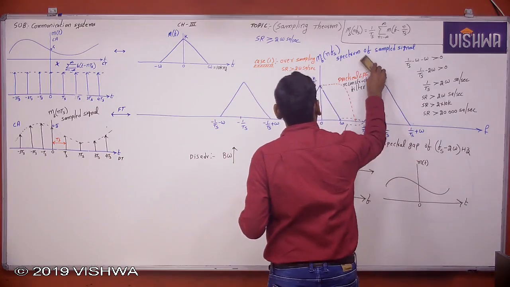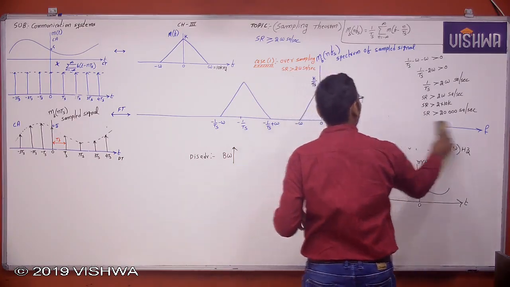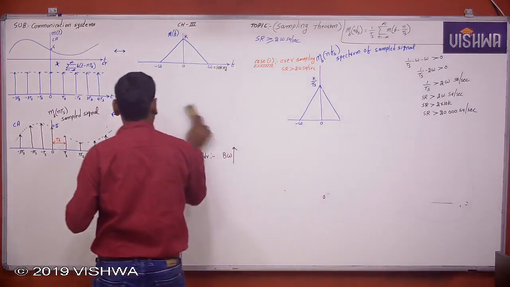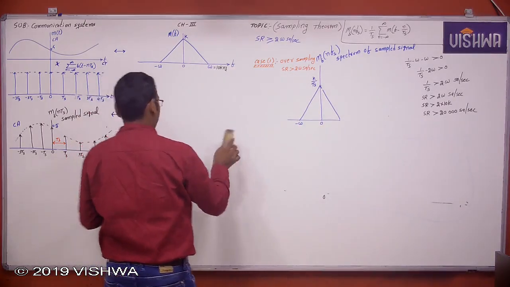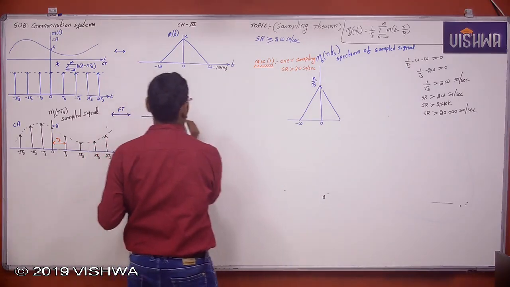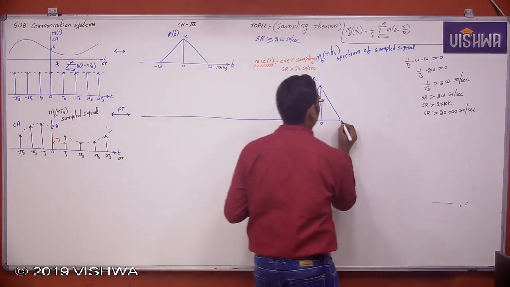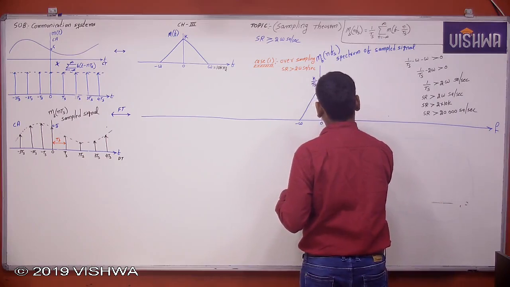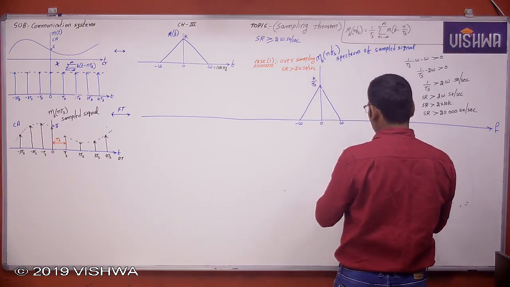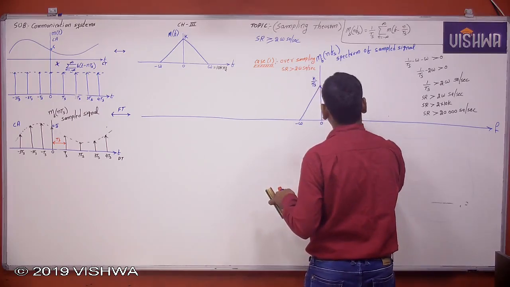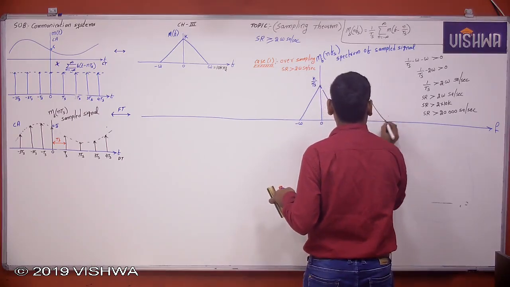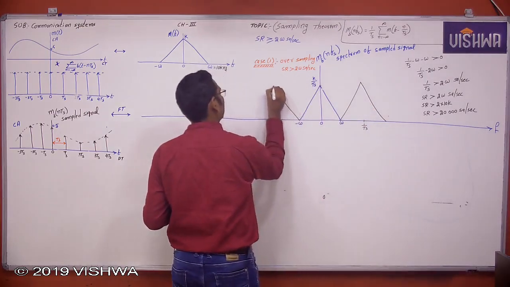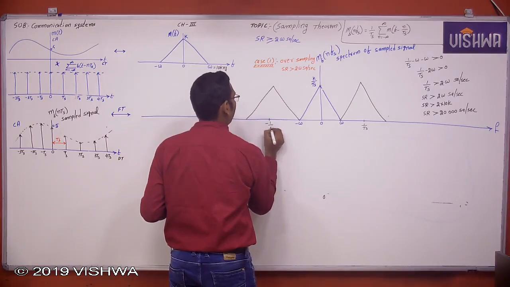Now we are sampling the signal at a rate of exactly 2 omega samples per second. This is 1/Ts minus 1/Ts.